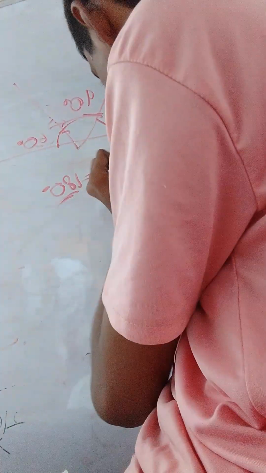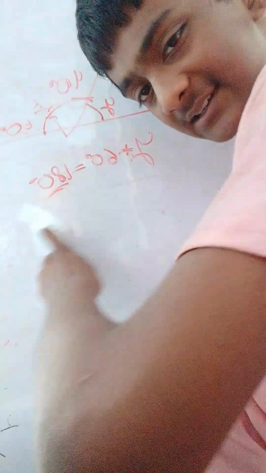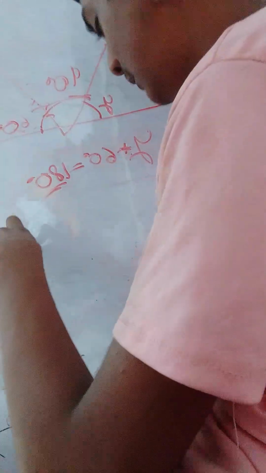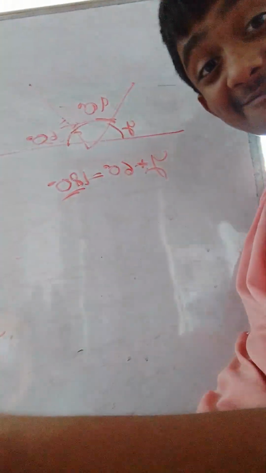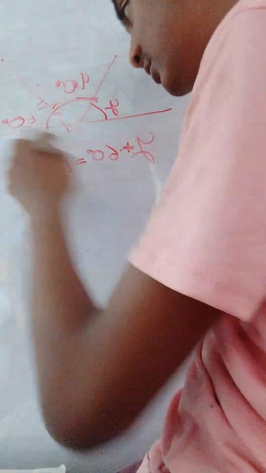So we found two angles, but what about y? Well, now we got a hint. We know that y plus 60 degrees is equal to 180 degrees. But we have to find y. Sorry, I'm so sorry. YouTube, don't ban me. Anyways, we know that x is equal to 60 degrees.